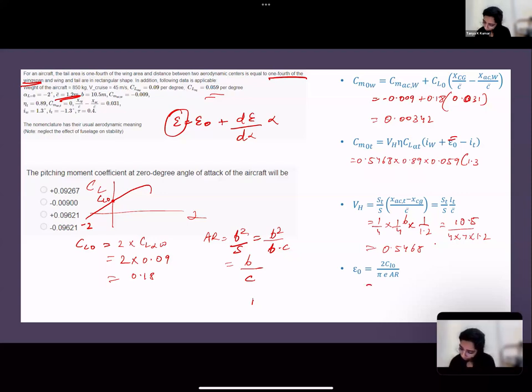It's just 2 into 0.18 by pi E AR. AR is B by C. B is 10.5 and C is 1.2. How much is this?